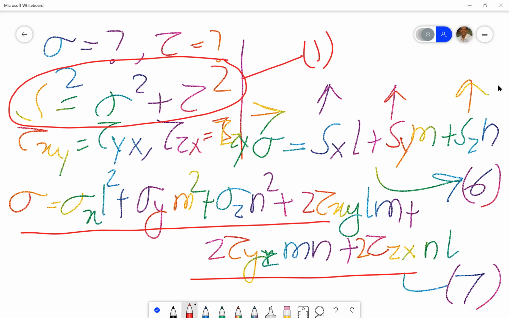In this equation, previously in equation 2, we found the values of S. Now in equation 7, as in equation 2, we find the values of these two.